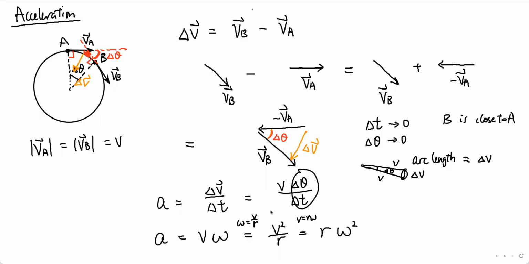Now, you need to remember the formula. That is the acceleration for a circular motion. Now, it's either V squared over R or R omega squared. Whenever you see that the motion is a circular motion, you always need to use it. It's a must.